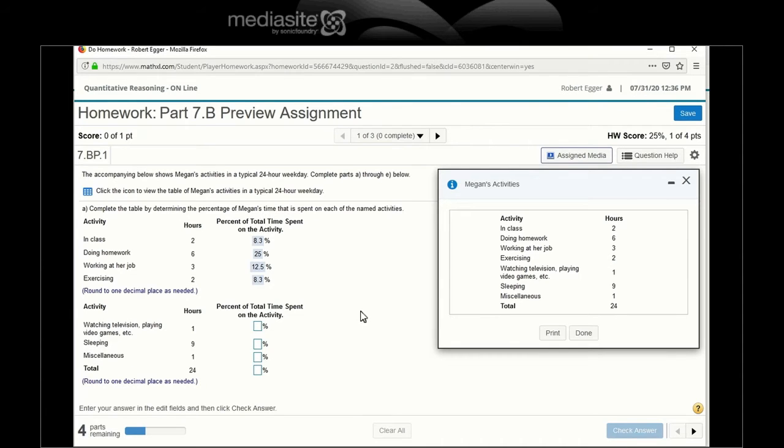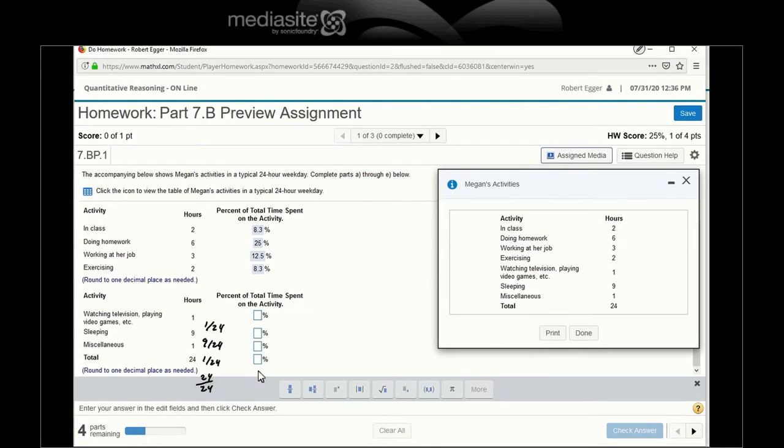Okay, part B. Here's lots of them. So now here's 1 over 24, 9 over 24, and 1 over 24. And then 24 over 24, that's the easy one. That's just 1, it'll be 100%. 1 over 24, well, what's 1 divided by 24? 0.04166, times by 100.